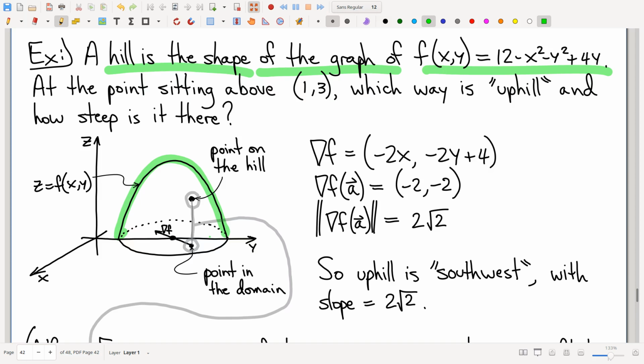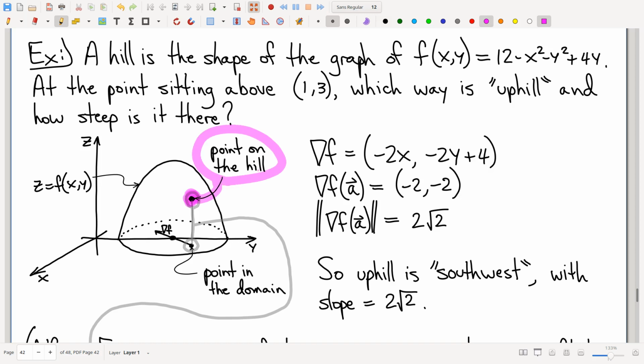Okay, now that being said, there's a couple of different ways that I could reasonably understand where I am, my location. The obvious way is, well, there I am. I'm standing right there on the hill. A point on the hill, a point on the graph. It's a point in 3 dimensions.